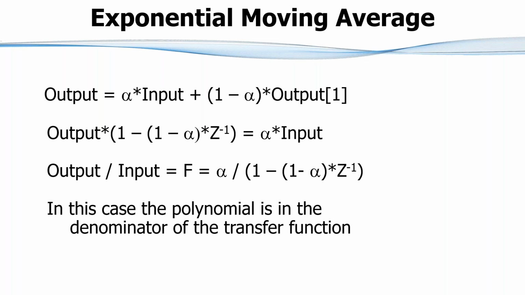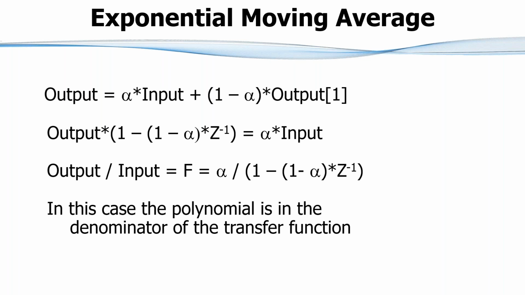Or in other words, the transfer function, the output divided by the input, is simply alpha divided by the quantity 1 minus alpha times z to the minus 1. In other words, in this case, the polynomial is in the denominator.